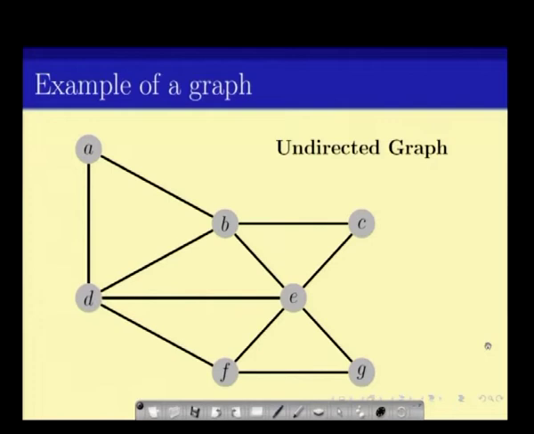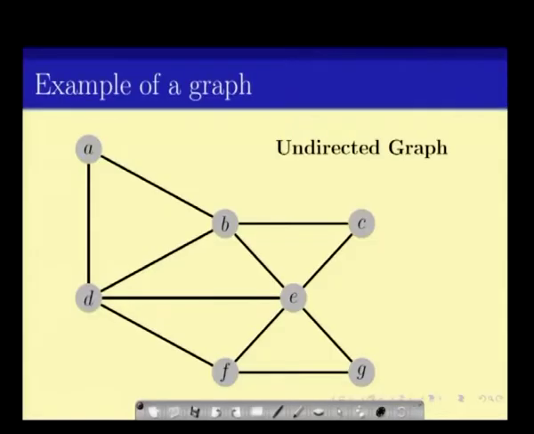So, we can have something like this. We have, say, here AB is an edge, AD is an edge, BD is an edge, but BF is not an edge, or similarly say AE is not an edge. So, this is a very nice and concise way of representing relationships.